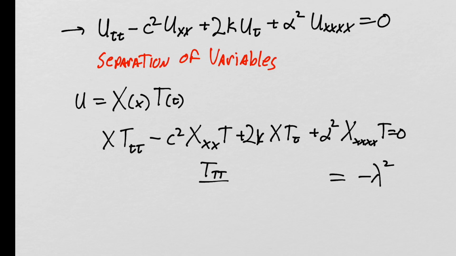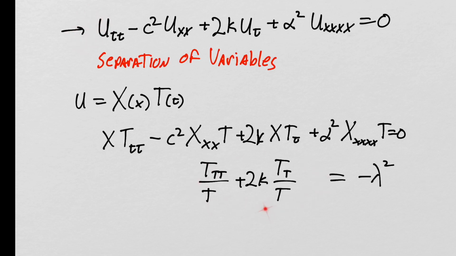So this becomes T double prime over T plus 2k T prime over T, right? Now, I'm keeping the c squared. Notice in this version, I'm keeping the c squared on the spatial term. In the original solution of the wave equation, I think we kept 1 over c squared with the t.